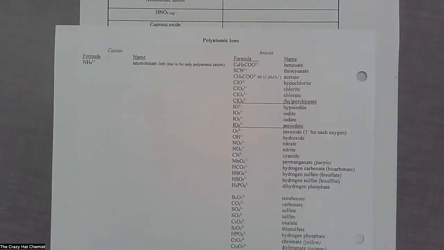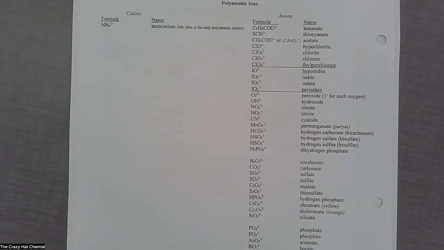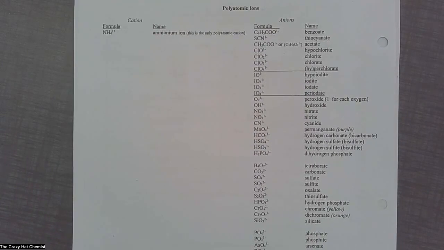All right, so I'm going to assume that you know your charges on ions and oxidation numbers. A hint on memorizing the polyatomic ions and their charges: I would highly recommend that you actually just write them out. This is probably the fastest, best way to memorize your ions and charges.